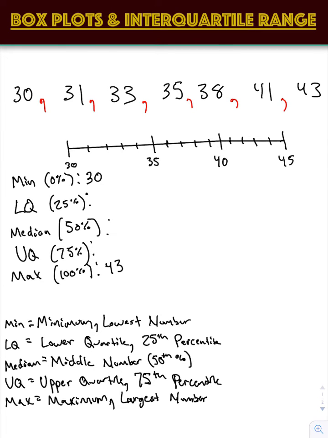As I go to evaluate my median, I'm going to go ahead and cancel 2 from the left, 2 from the right, 1 from the left, and 1 from the right. You'll notice that I just have one number left in the middle, and that number is 35. This is different than last time. Last time I had 2 numbers left in the middle, and this is because this time I have 7 numbers, which is an odd number of numbers, and that's an important distinction.